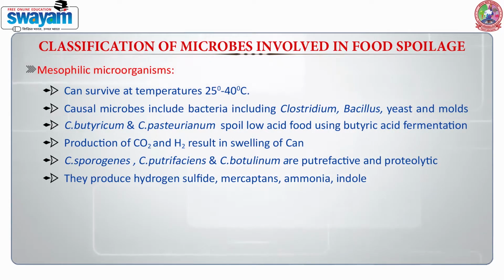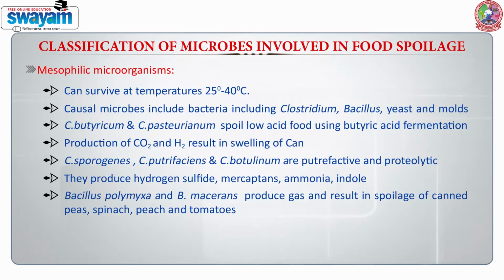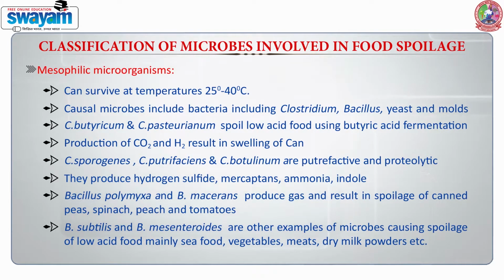Another group of microorganisms belonging to Bacillus species like Bacillus polymyxa, Bacillus macerans produce gas and they are responsible for the spoilage of canned peas, spinach, peaches and tomatoes. They also spoil low acid food, primarily seafoods, vegetables, meat, dry milk powder, etc.